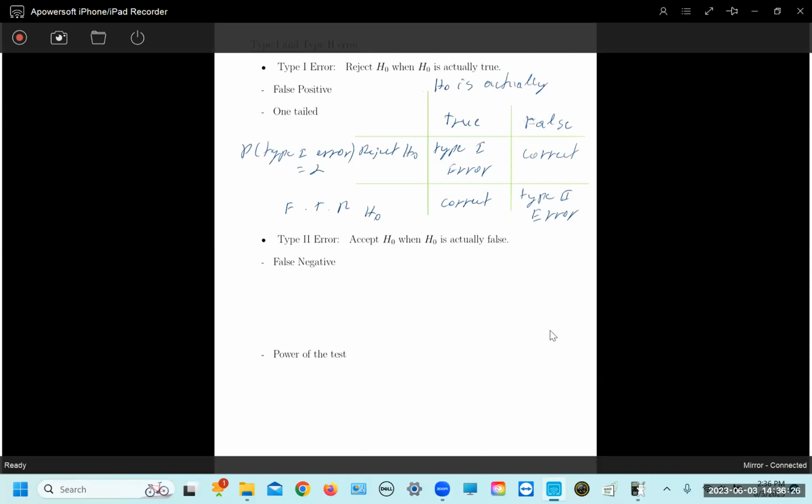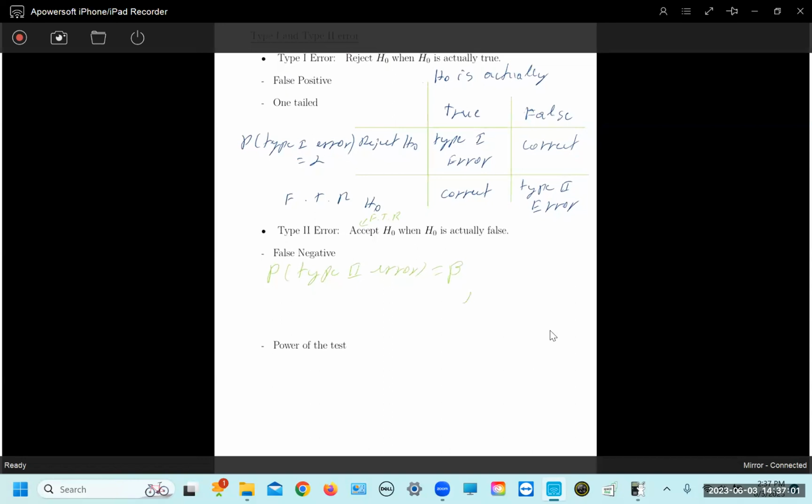So if we say right here is accept, type 2 says accept H0. So this one is fail to reject. So this one is P of type 2 error, which we can say is beta. We can also say alpha plus beta does not equal 1.